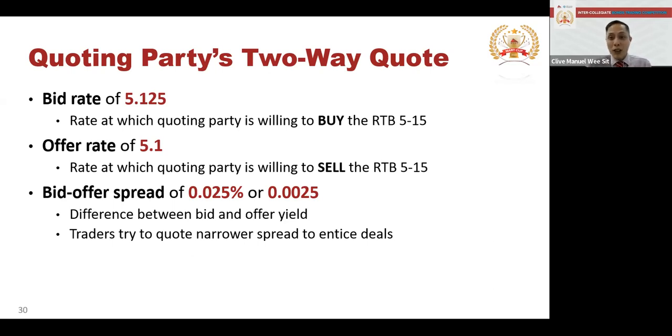The spread that I will earn by market making the RTB 5-15 is actually 2.5 basis points, which is the difference between your bid rate of 5.125 and your offer rate of 5.1. So that is the spread. That is how traders and dealers make money from dealing GS.